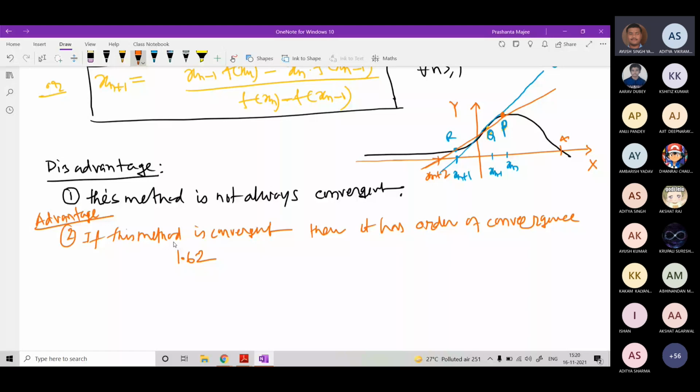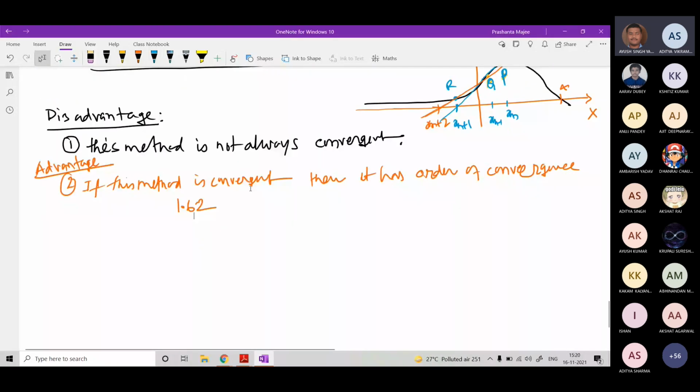Okay, so how to make sure that this formula will give you solution which will always be convergent? How to make this method always convergent?